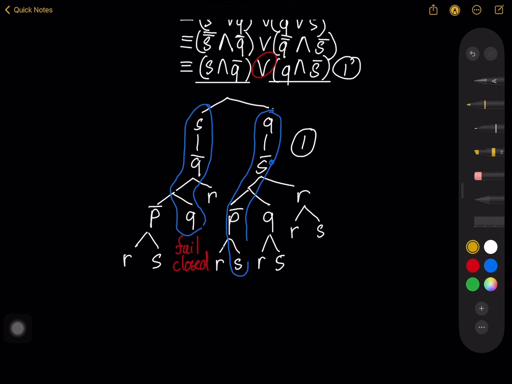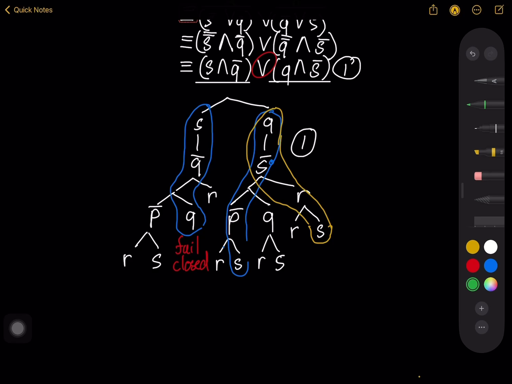We have this line here. Oh my goodness, there, right? We have S at the very bottom also, but we have not S on the top.